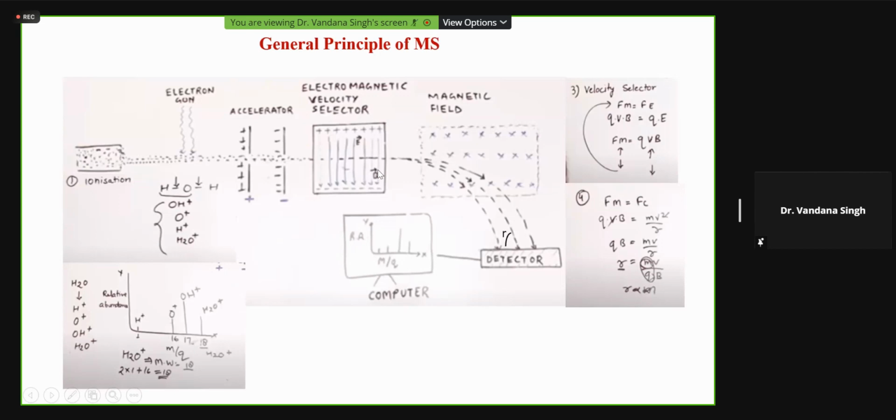So the first question is: does the retention time of the compound vary with the concentration of the sample? No. Retention time does not depend on the concentration of the sample. Retention time is based on the interaction of that analyte with the mobile or stationary phase, and it is characteristic of a particular analyte.